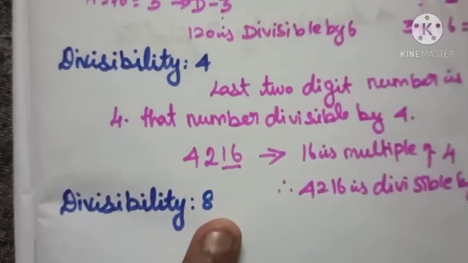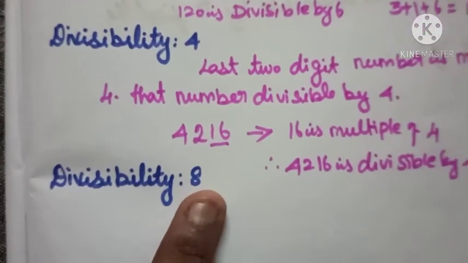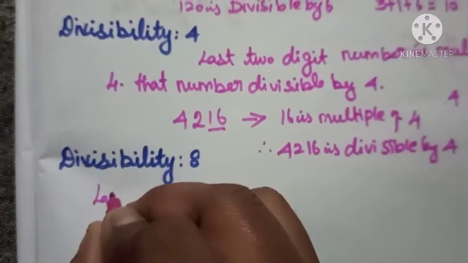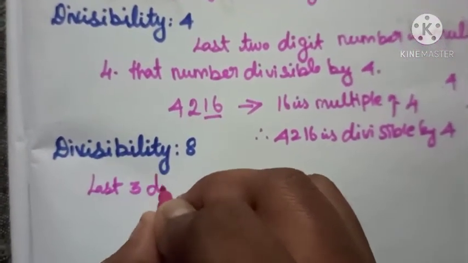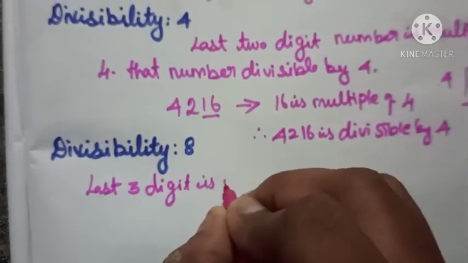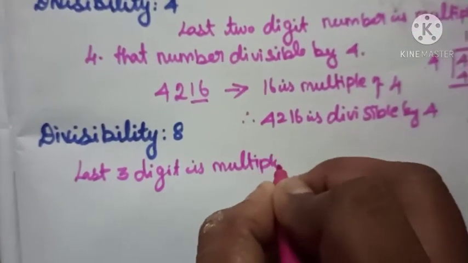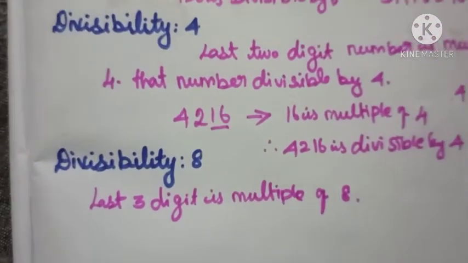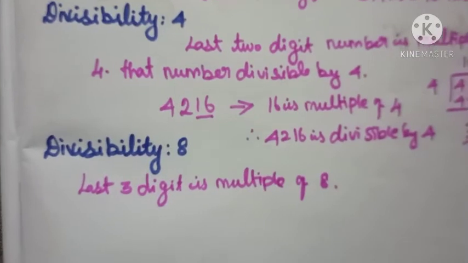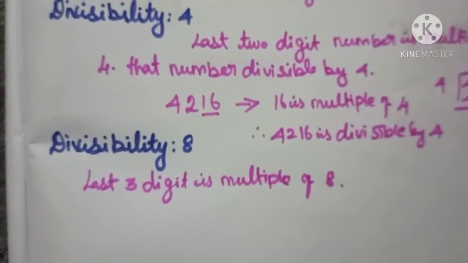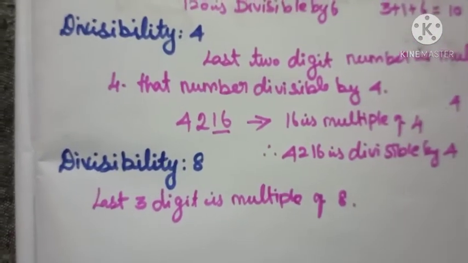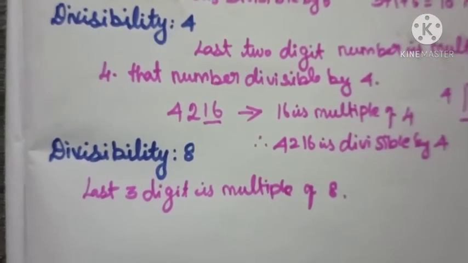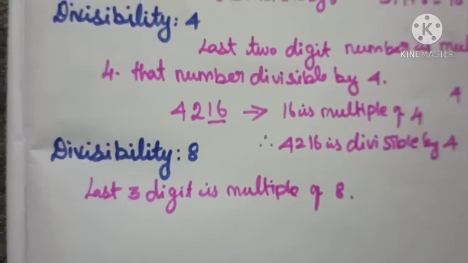Okay, divisibility rule 8 is nothing but the last 3-digit number being a multiple of 8. Otherwise, there is another condition: if the number satisfies both divisibility rule 2 and 4, that number is divisible by 8, because 2 times 4 is 8.